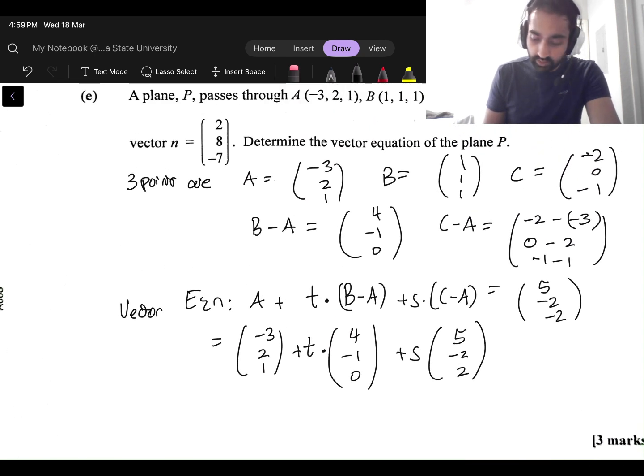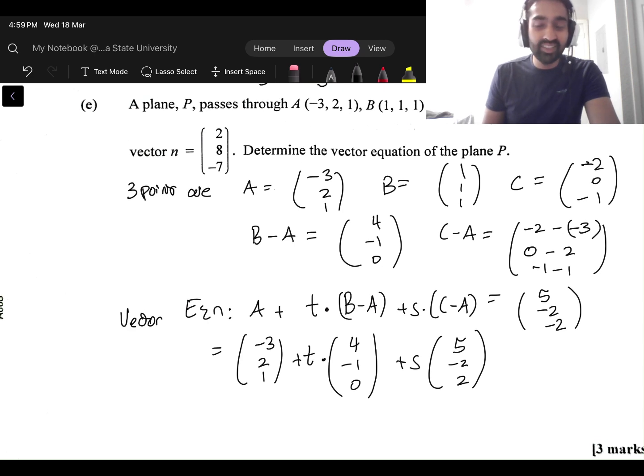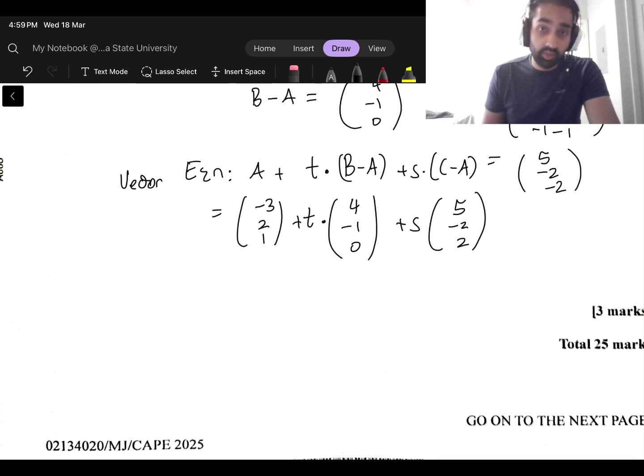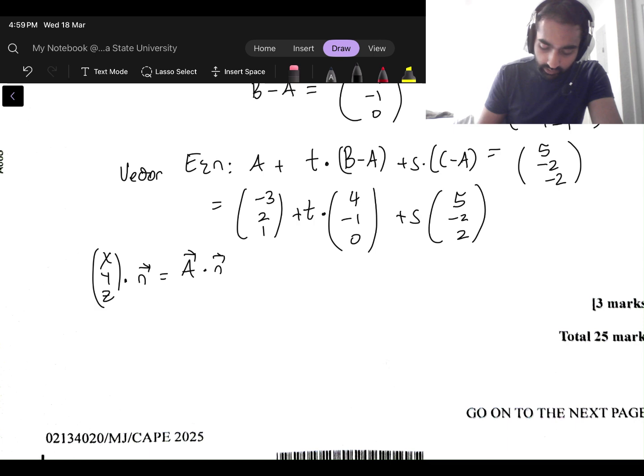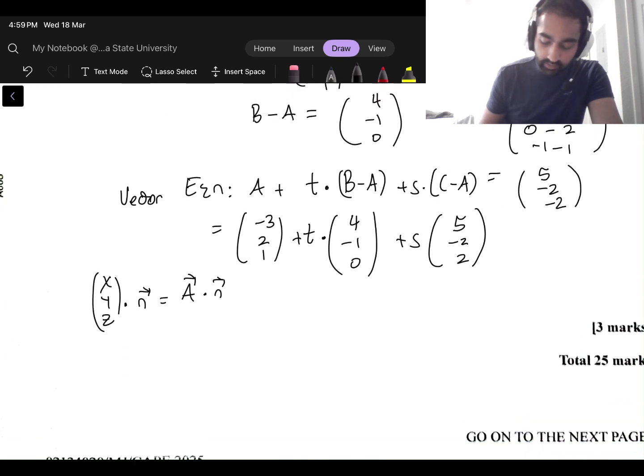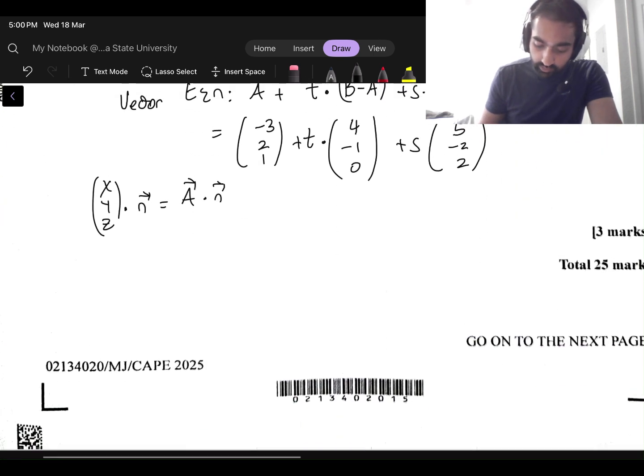Another way you could do it is, let's just say I want to find the Cartesian equation. I just want to go through how to do that. If they give you a normal vector and a point, what you'll say is (x, y, z) dot product with the normal vector is equal to A dot product with the normal vector. The normal vector is (2, 8, minus 7).